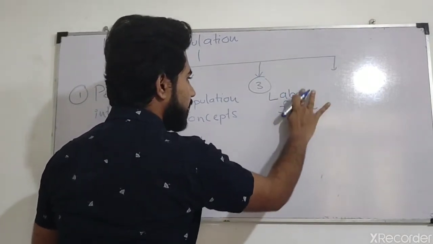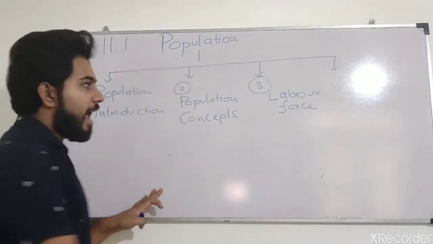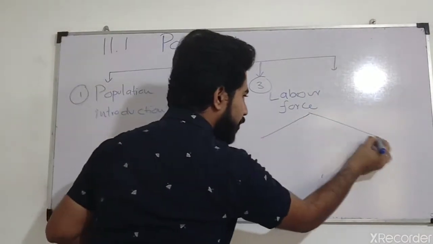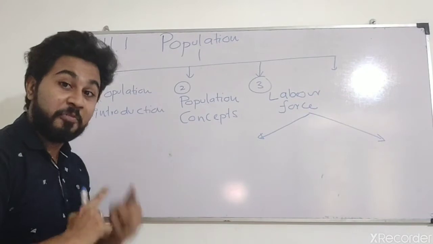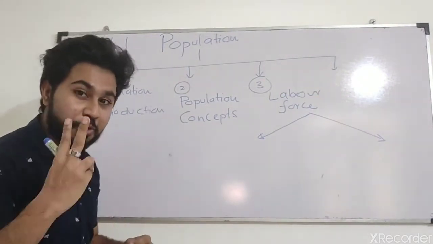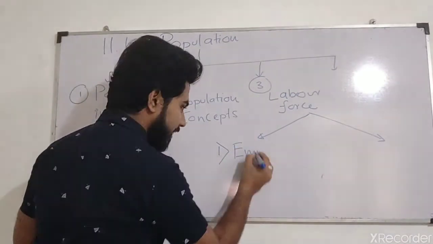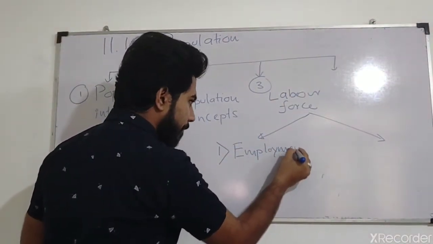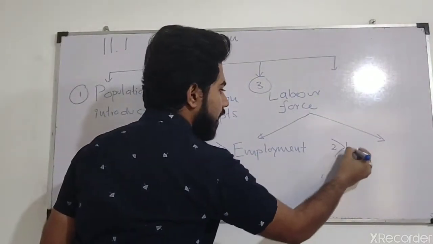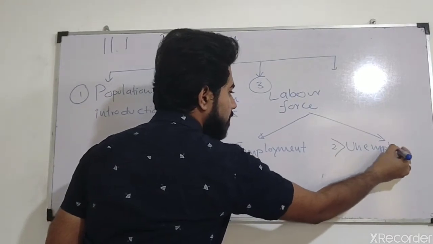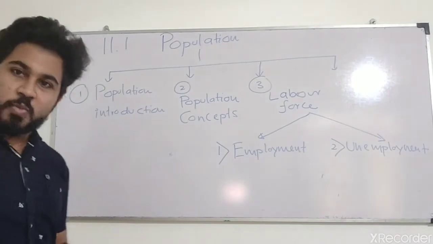This labor force can be redivided into two basic parts. The labor force consists of two main parts. Number one, employment. And the second part, unemployment. Employment and unemployment. So it is very clear.